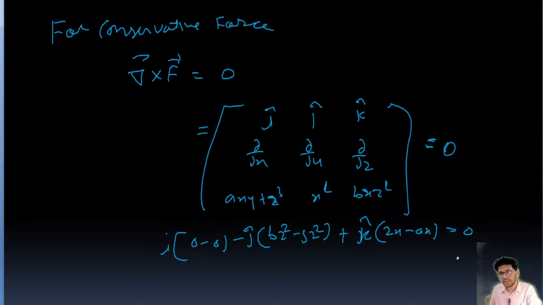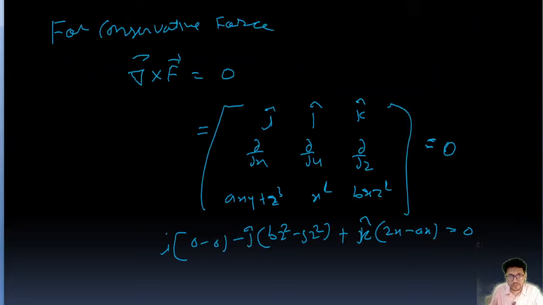Here you can see we can compare the coefficient of ijk on the right hand side. So this is going to be 3bz square minus 3z square equal to 0, right? From here b is going to be 3.